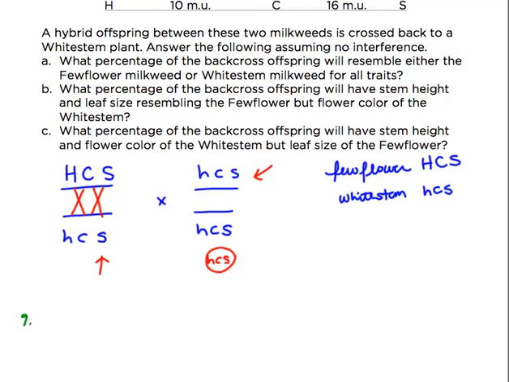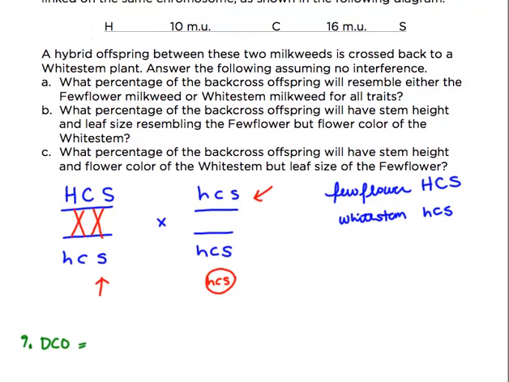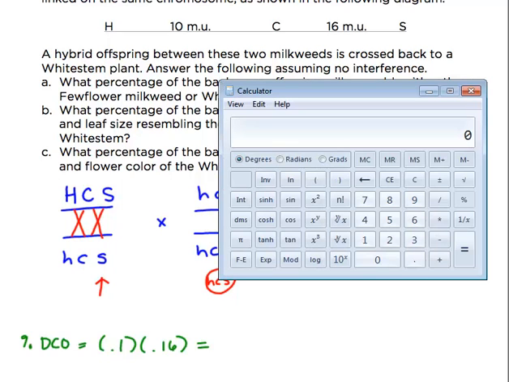So the percent of double crossovers, again we're going to use the probability product rule to find this percentage. And we're assuming no interference, so it's not going to be any different than what we predict. So you would use 0.1, which is the percent recombination between H and C, and 0.16, which is the percent recombination between C and S. If you multiply these together, you get 0.1 times 0.16, and that equals 0.016.